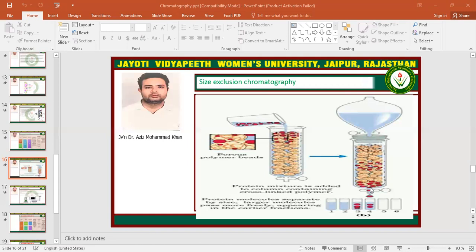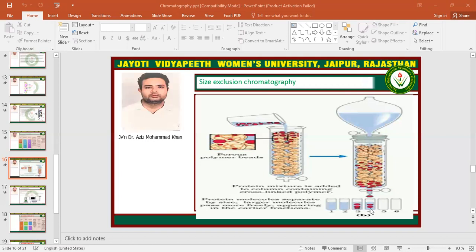So the first product which will be separated in size exclusion chromatography is the large proteins, because they will not diffuse inside the dextran beads, so they are free to move and will be separated easily. But the small particles will be captured by the dextran beads, so their separation will be different.